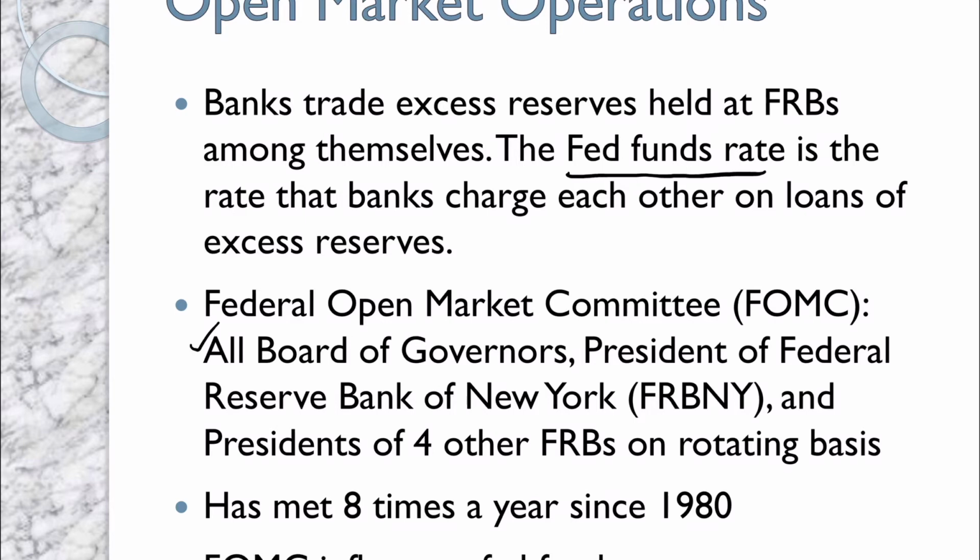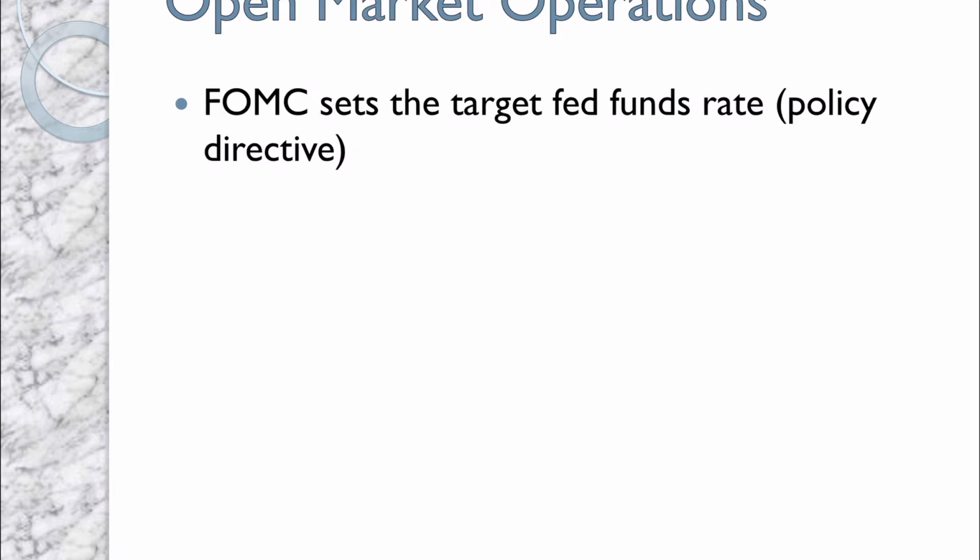This Federal Open Market Committee influences the federal funds rate. They make the key decisions that affect the availability of money and credit in the economy. So they are essentially setting the money supply, how much money is available, and in turn that impacts the interest rate; they set these interest rate targets. So how does the Federal Open Market Committee actually conduct this monetary policy?